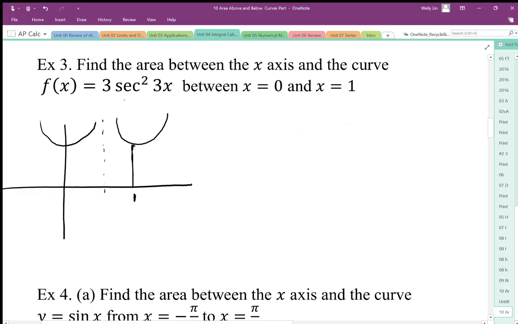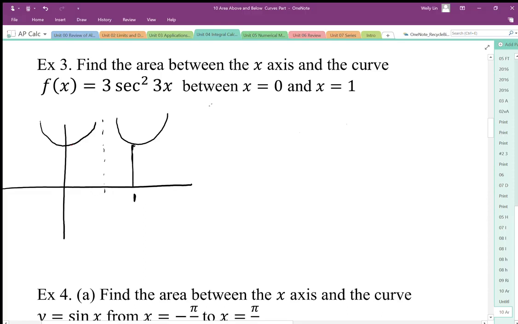Okay, so we want to know where the secant is going to be undefined, or in other words, where the cosine value is going to be equal to 0. Cosine is equal to 0 at 90 degrees and negative 90 degrees, or π/2 and negative π/2. Since we have the domain of 0 to 1, we only need to worry about the π/2 value.